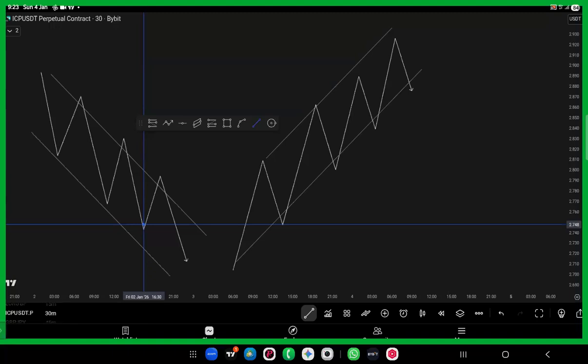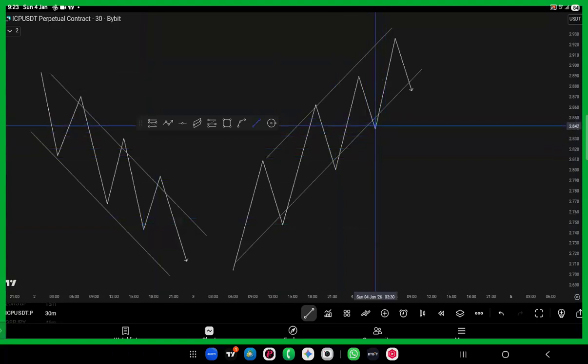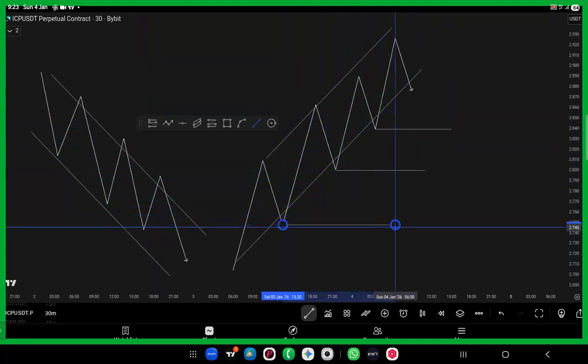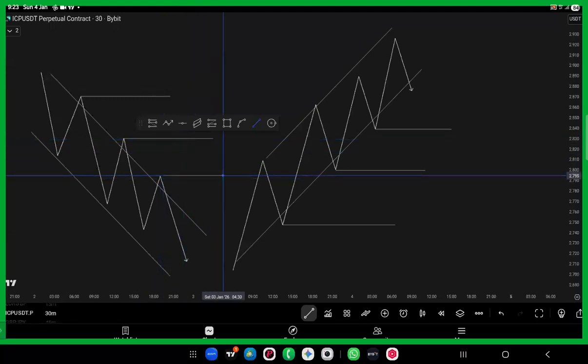After going through advanced market structure, you should know that over here we have sell side liquidity, over here we have sell side liquidity. Now over here we have buy side liquidity, over here we have buy side liquidity, over here we have what? Buy side liquidity, right?